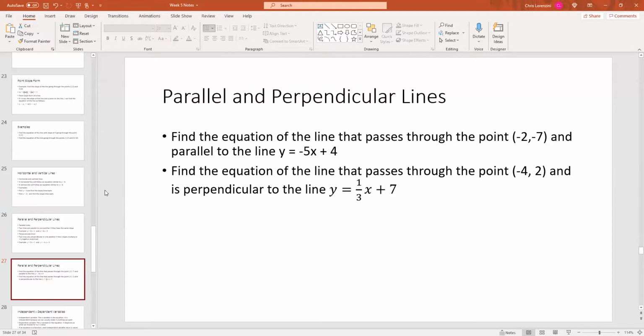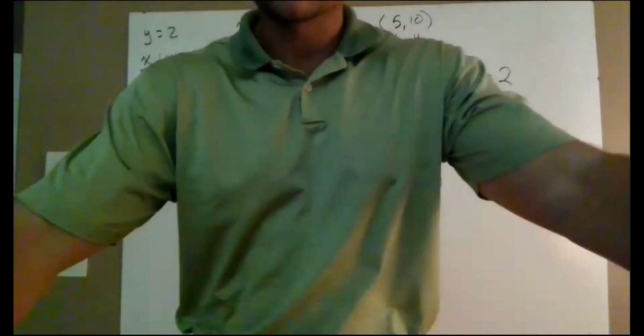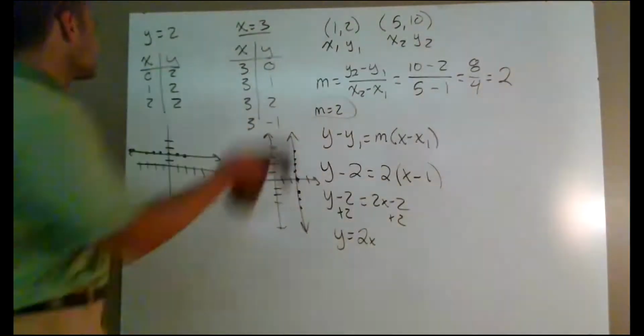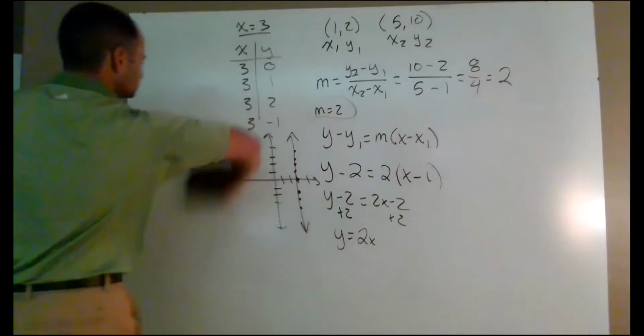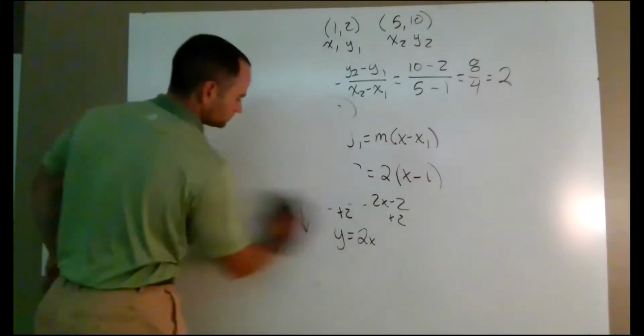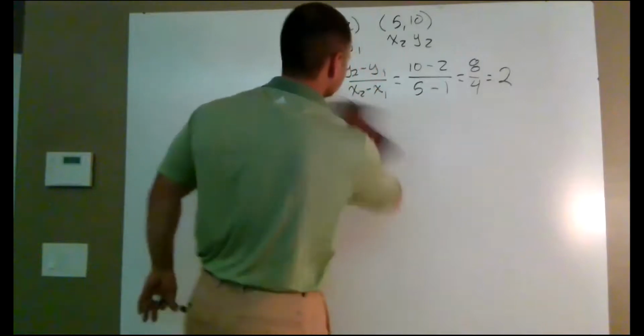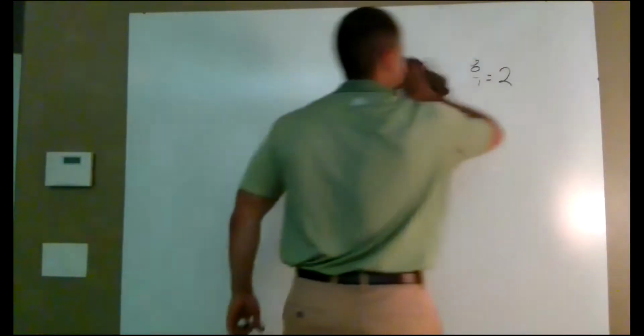So in this one, we're going to deal with the equation of a line through a point that's parallel, and the equation of a line through a different point that's perpendicular. So let's do those together.